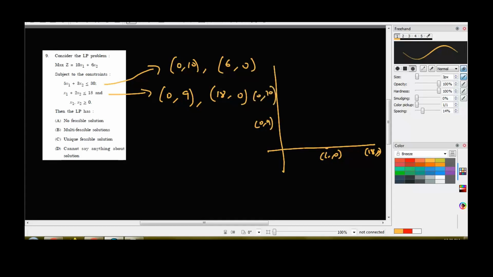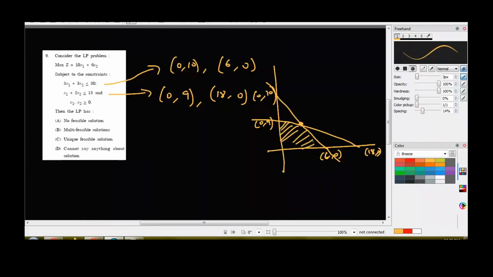Connecting 0, 9 with 18, 0 gives this line. Connecting 0, 10 with 6, 0 gives this line. And so we have an intersection at this place. Since the constraints are of less than type, accordingly the shaded region will be the origin part.